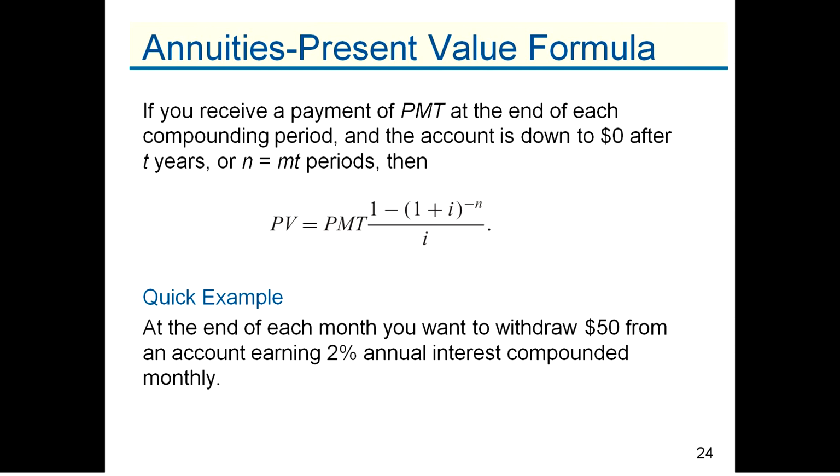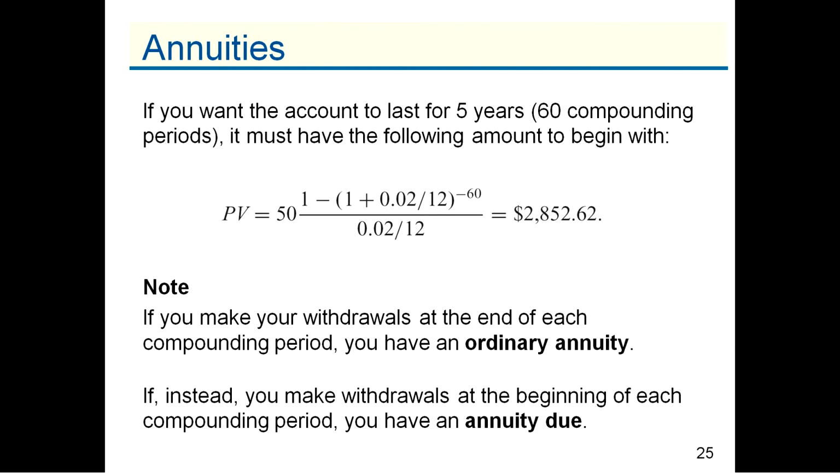So here's a quick example. At the end of each month, you want to withdraw $50 from an account that earns 2% annual interest compounded monthly. So that means I've got $50, that's my payment. I've got my rate of 2%, so that's 0.02, divided by 12 because it's 12 periods per year.